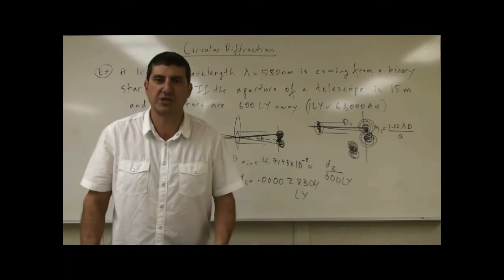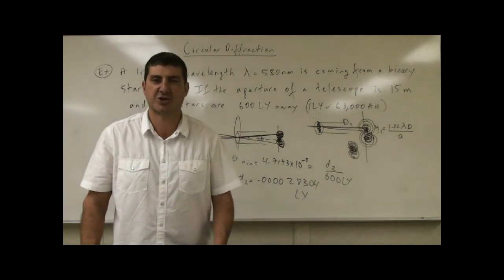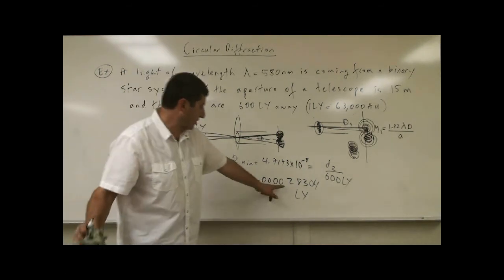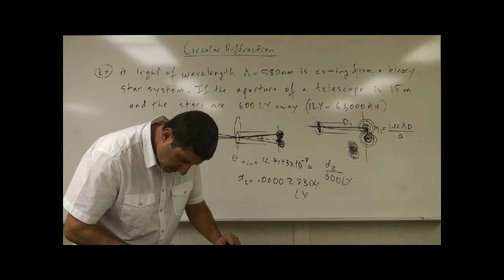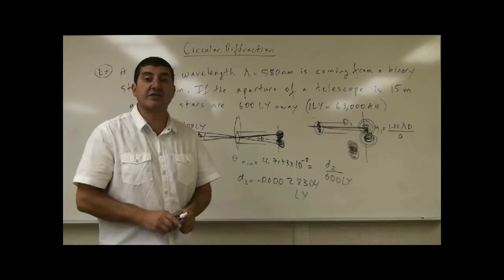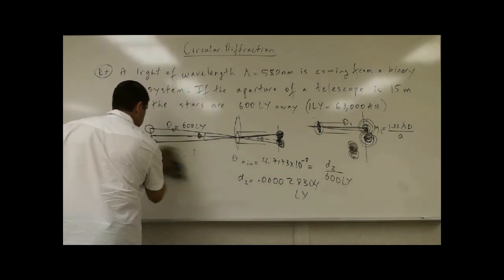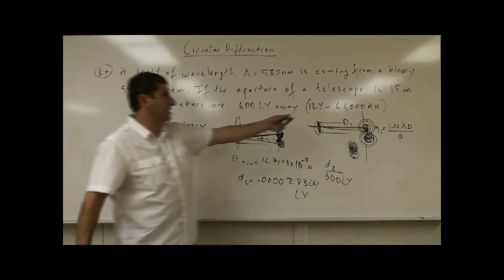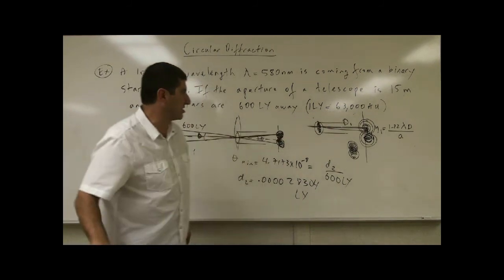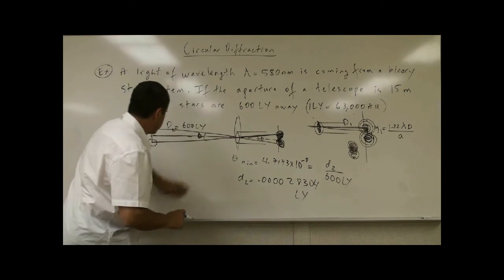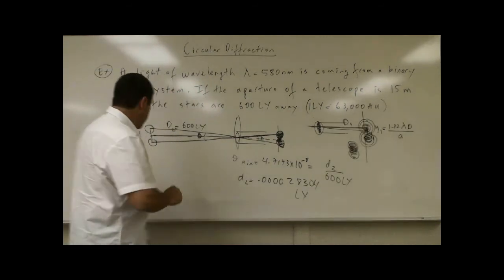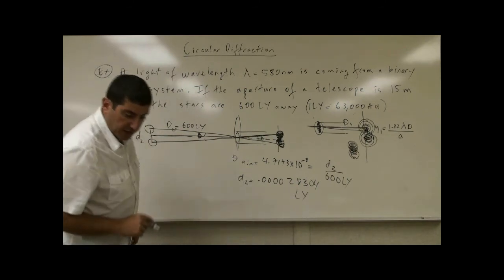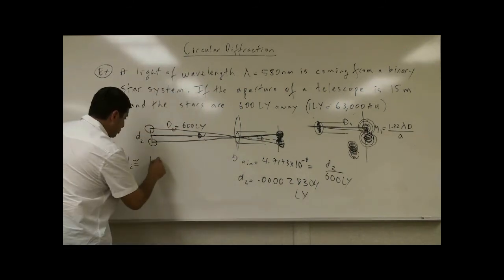It's the distance between the Earth and the Sun, one astronomical unit. So if we multiply that by 63,000, we get 1.78 AU. Okay? This is an approximate number. One light year is approximately 63,000 AU. So the distance between them, approximately again, comes out to be 1.78 AU.